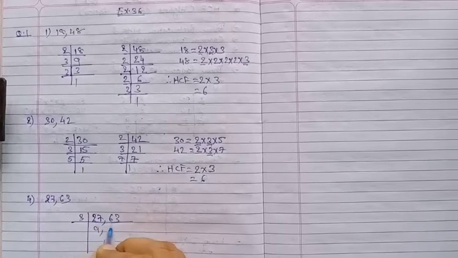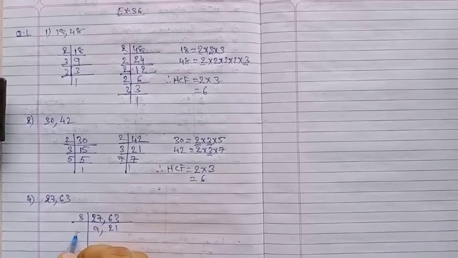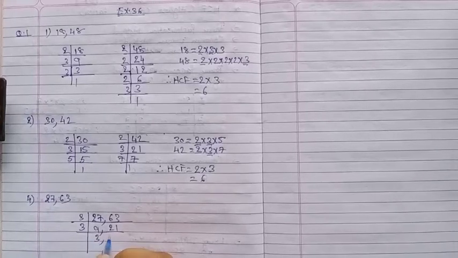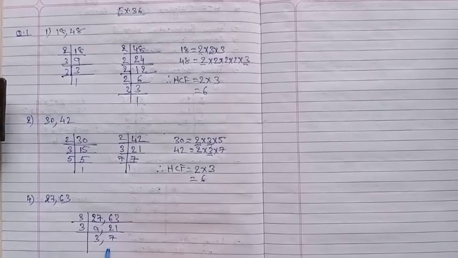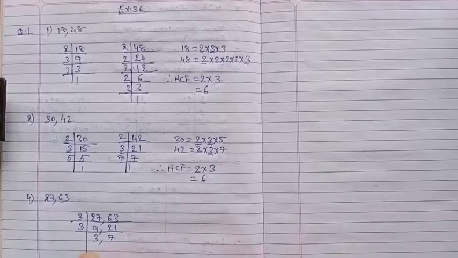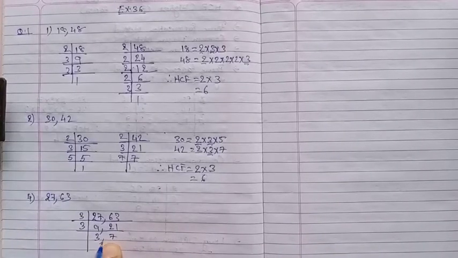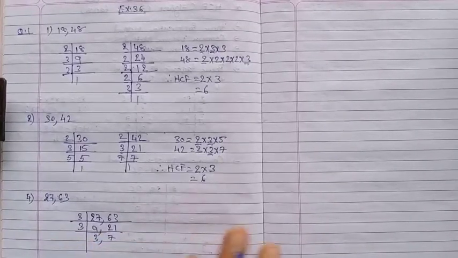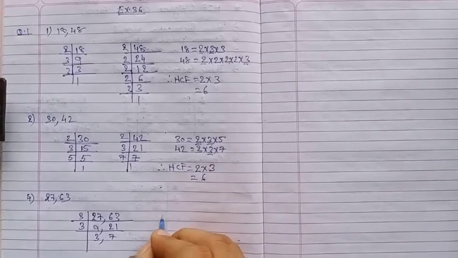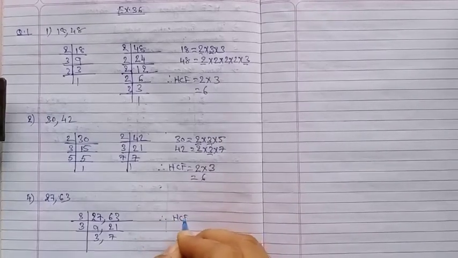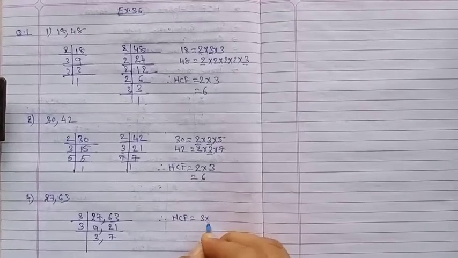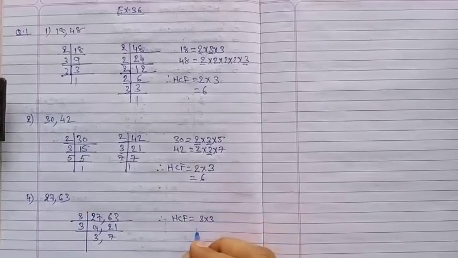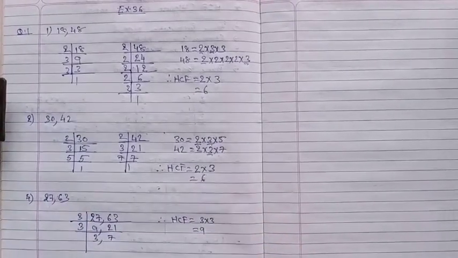So 3 9s are 27, 3 21s are 63. Again it will go by 3. So 3 3s are 9 and 3 7s are 21. Now we cannot divide both the numbers by any common number. So here we have to stop, and therefore HCF is equal to, just multiply this, 3 3s are, that comes to 9.